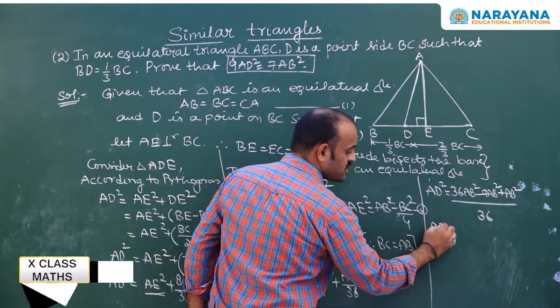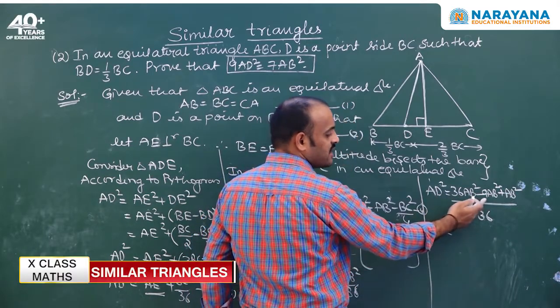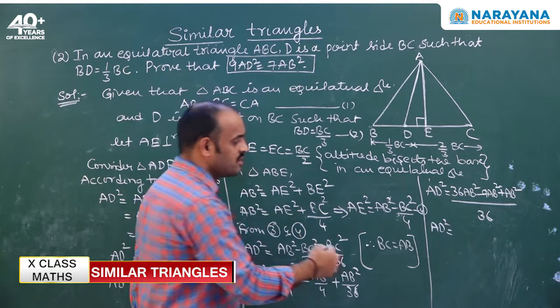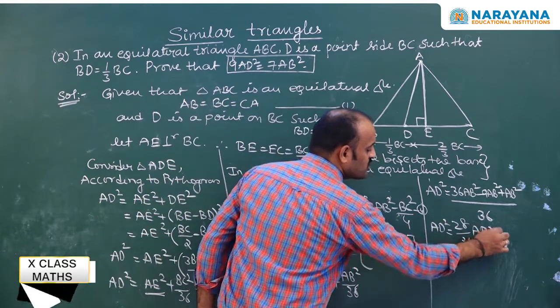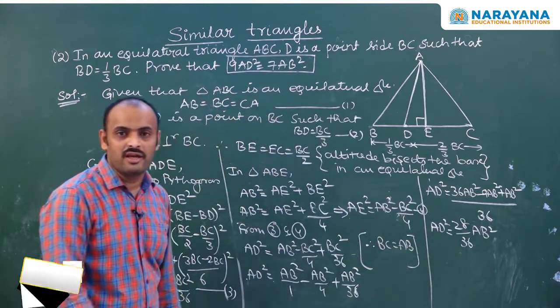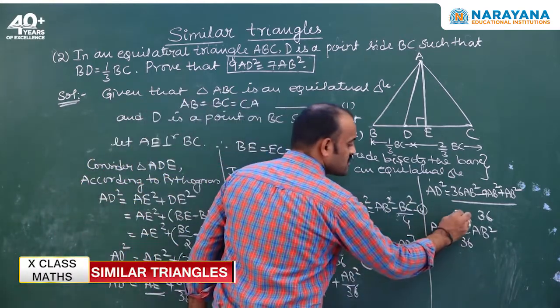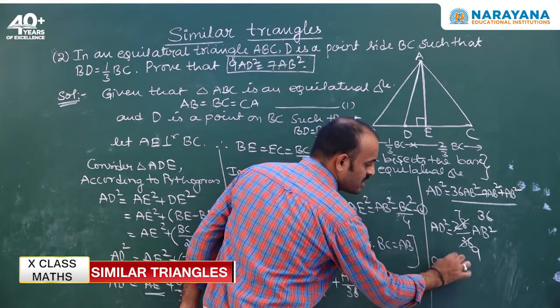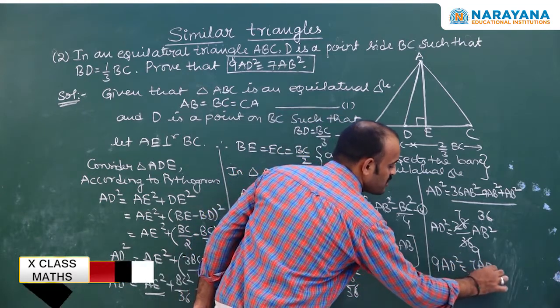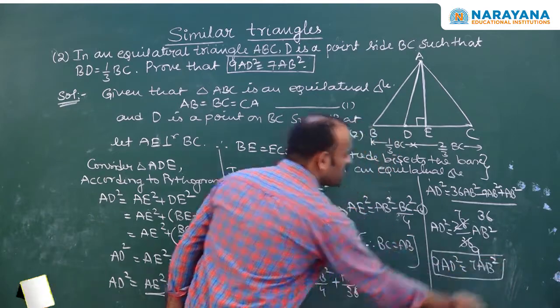Therefore, AD square is equal to 36 minus 9, 27 plus 1, 28. So 28 by 36 AB square. Both 28 and 36 are divisible by 4. 4 7s, 4 9s. Transpose 9 this side. 9AD square is equal to 7AB square. So what we have done?